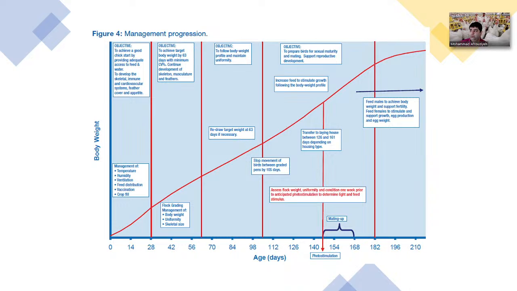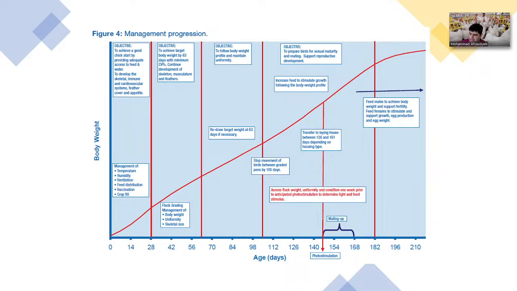We need to really pay attention to the dietary level of methionine and cysteine in the diet. Usually these are the factors that can influence the feather cover. Usually by not having a good amino acid balance in the diet, we can see these problems.